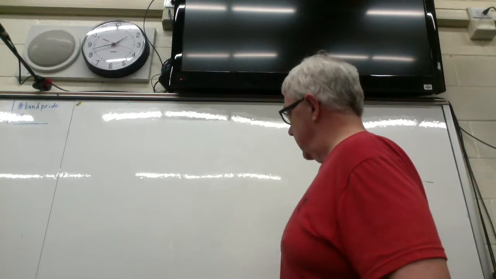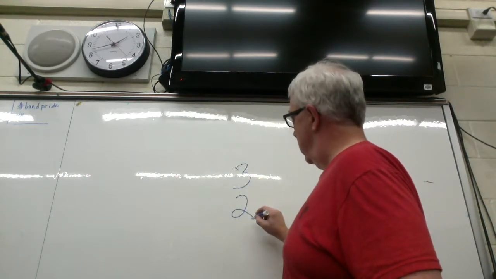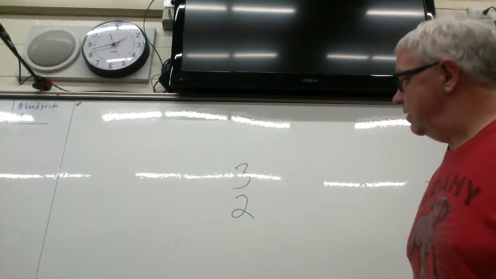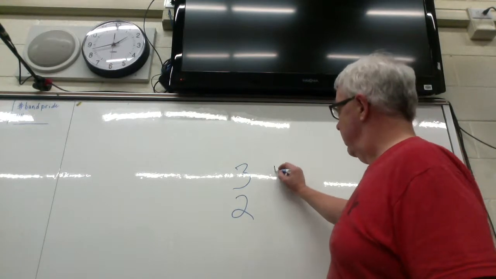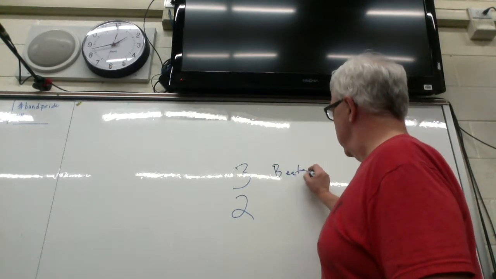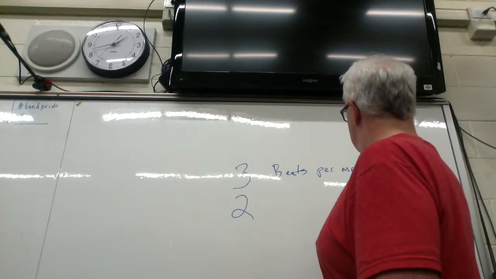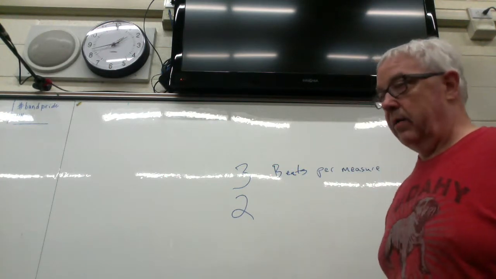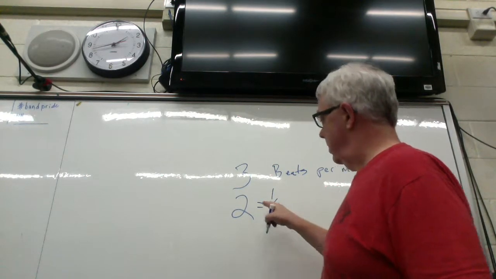Still really simple, but cut time. Let's look. If you look at that, right away you should think 3 beats per measure, because that's pretty much always a given. But now we have a 2 on the bottom. So again, think bottom of a fraction. 1/2, that's a half.